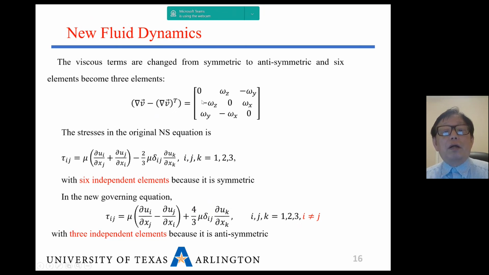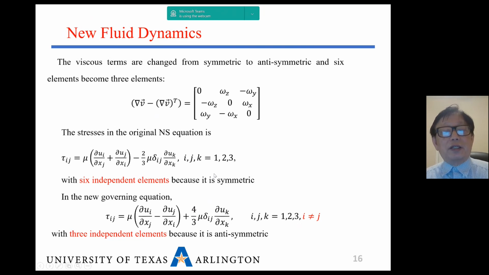Therefore, we just use vorticity because this is antisymmetric. We only have 3 terms: omega x, omega y, and omega z. Similar to the stress, that's the original Navier-Stokes stress, and that's the new governing equation.